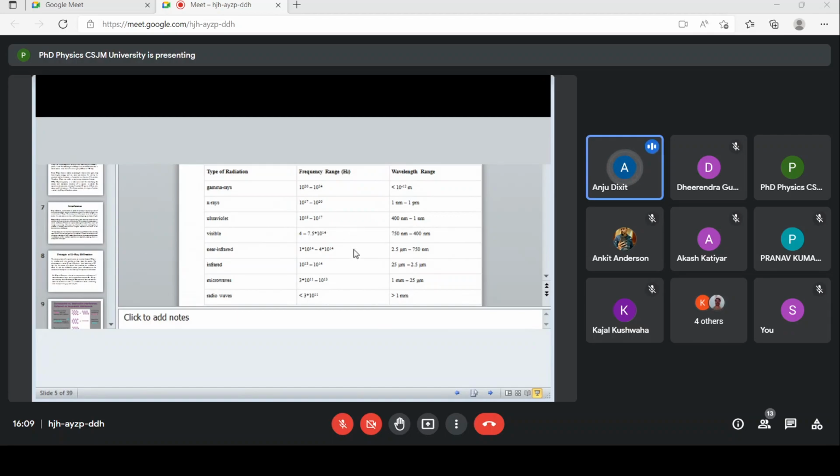If we have this wavelength range from 1 nanometer to 1 picometer, obviously they are more energetic than visible rays. More energetic means they can penetrate more; they have more penetration power as compared to visible light. That is why we use X-rays to analyze the crystal structure of a given material.